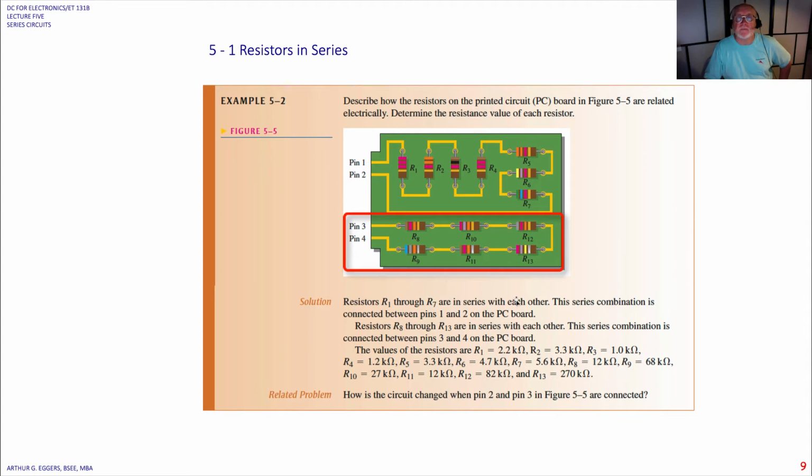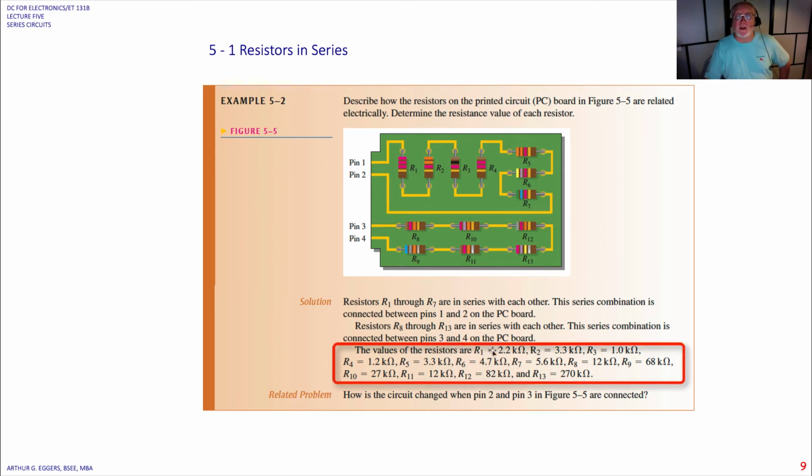Okay, so in this exercise they say if we assign values accordingly, 2.2 k ohms, 3.3 k ohms, 1 k ohm, etc., we can sum these together in each of these tracks, pin 1 to 2, pin 3 to 4, and calculate what the total resistance is for the circuit board.